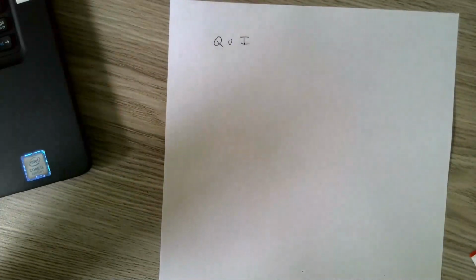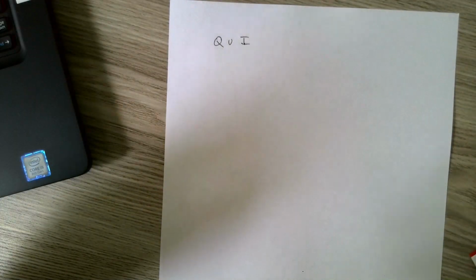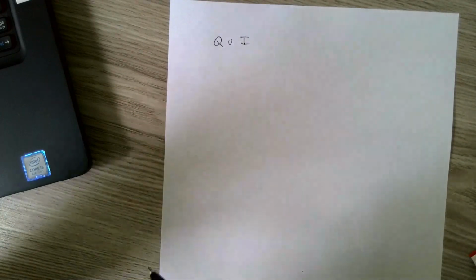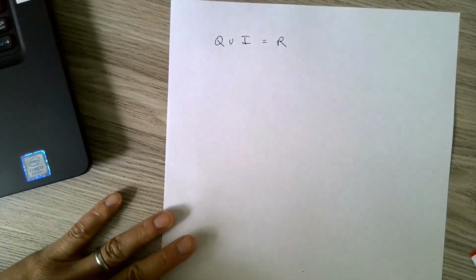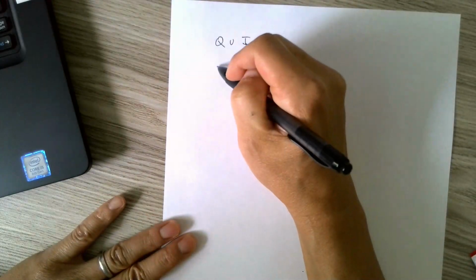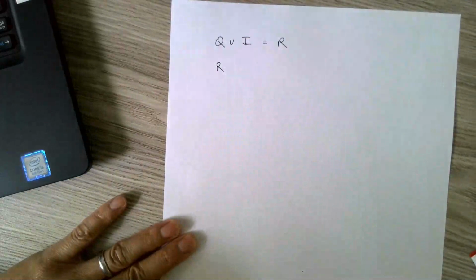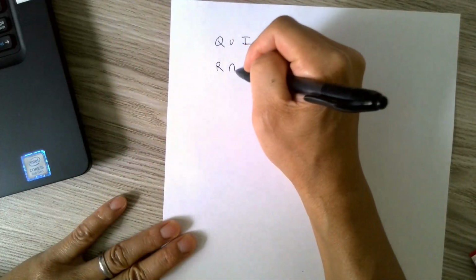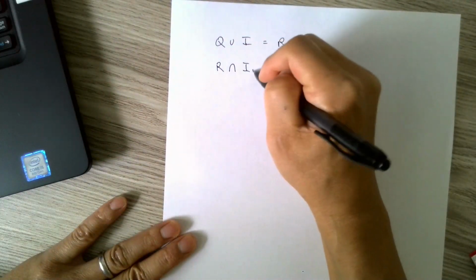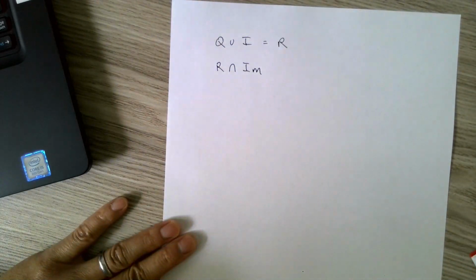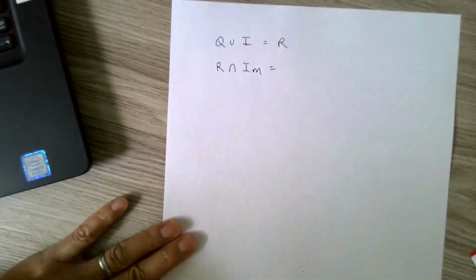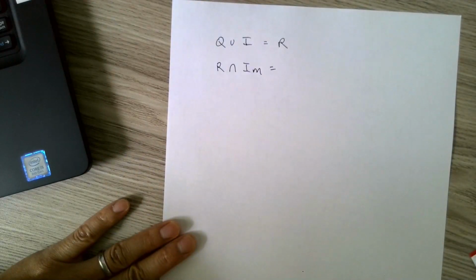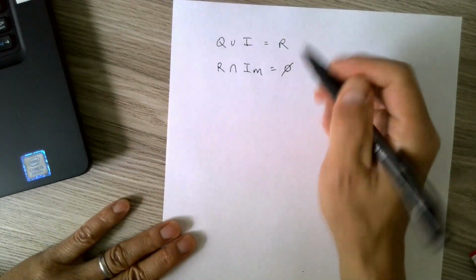So if I put the elements of all the rationals with all of the irrationals, what infinite set do I get? I get the reals. What if I take all the reals and I intersect them with the imaginaries? Well, no, there are no imaginaries that are real, and there are no reals that are imaginary. So the intersection is empty set.